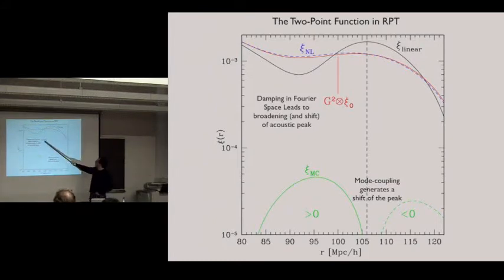And so when you convolve this linear theory with this propagator, it gives you this red line here. So it broadens the peak. Okay? And if you look at the effect, the mode coupling correlation function is positive towards the left of the peak and negative toward the right of the peak. So it gives a correction whose net effect is to add here and subtract here, so it will shift the peak towards smaller scales.